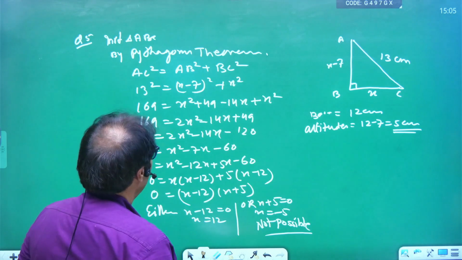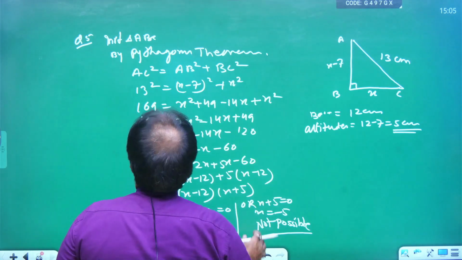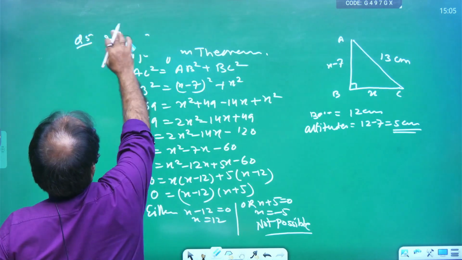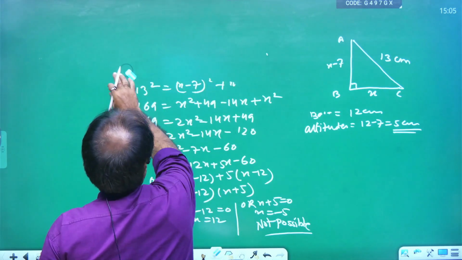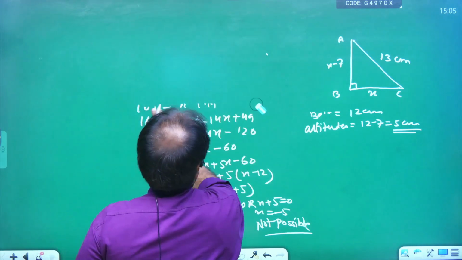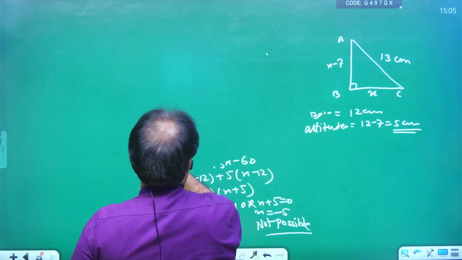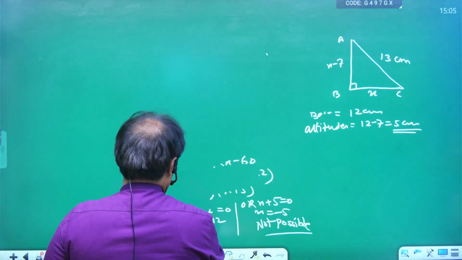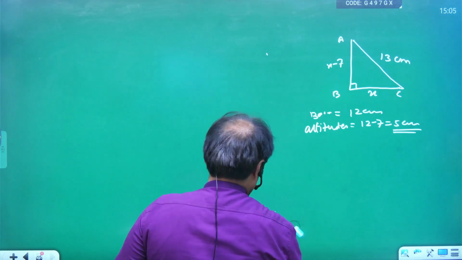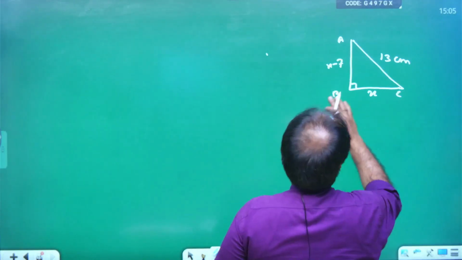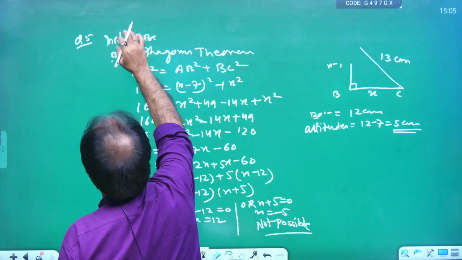Okay, so now we are coming to another very important question of your book, that is question number 6, that is based on cost and production. So for that I will give you an example, because through the example we can understand this question very easily.